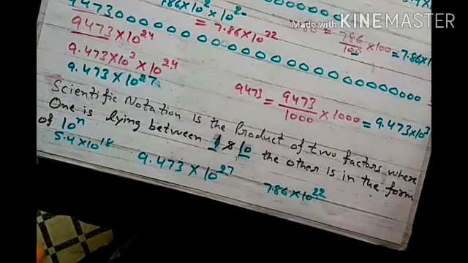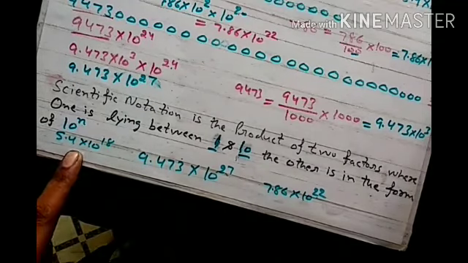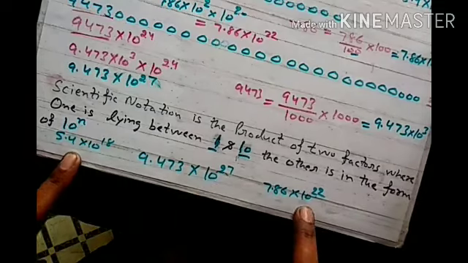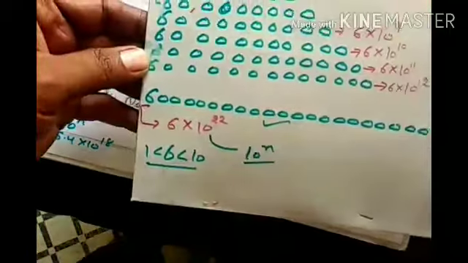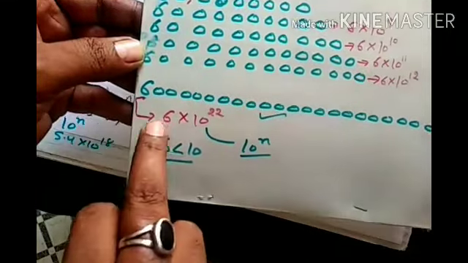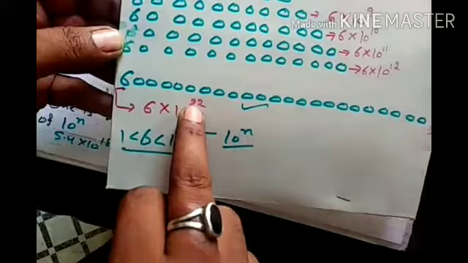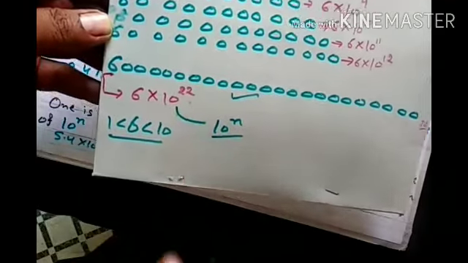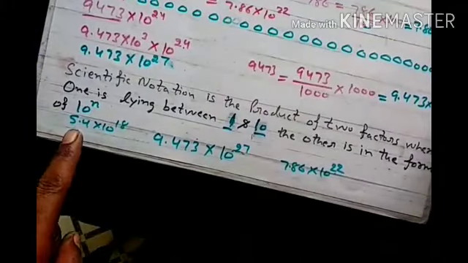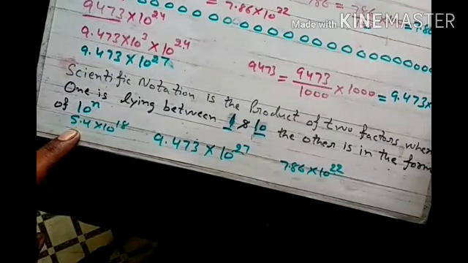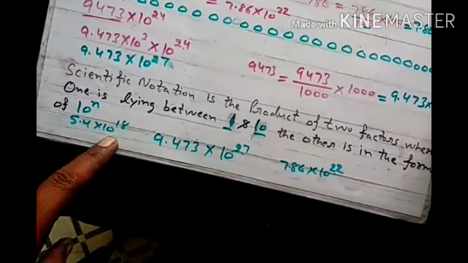You will see here 5.4 multiplied by 10 to power 18. This is the scientific notation, and these both are scientific notation. Also, this is a scientific notation. So you will see 6 is less than 10 and greater than 1, and 10 to 20, that is the form of 10 to n. Clear? Now here 5.4 is greater than 1 but less than 10, and it is 10 to 18.